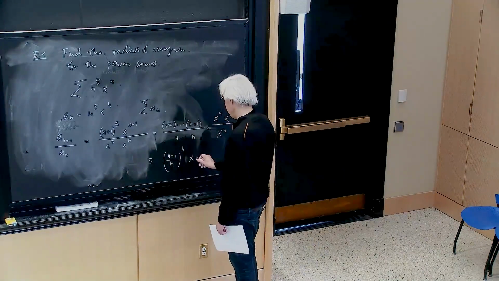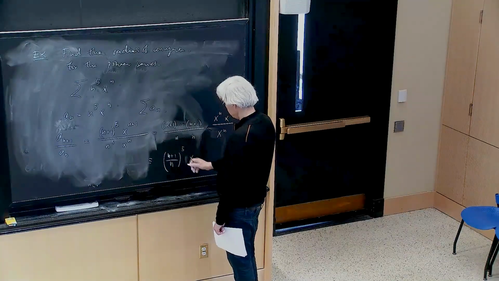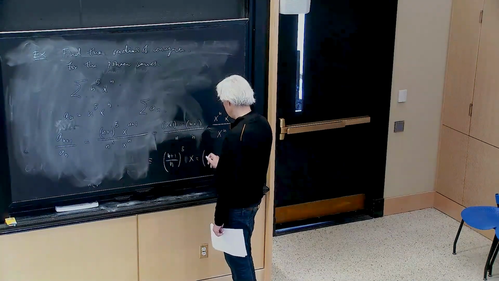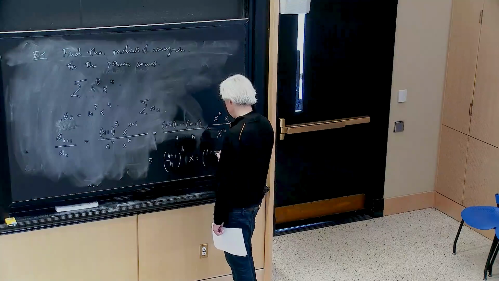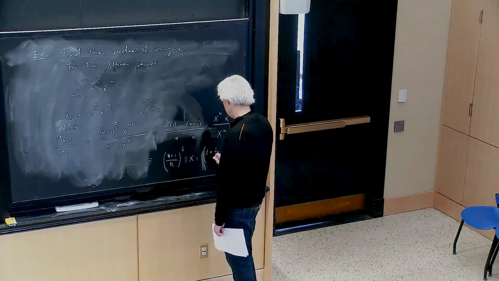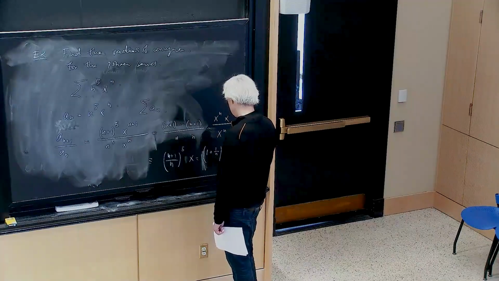I can write this in the usual way, as 1 plus 1 over n, dividing by n in both numerator and denominator, to the 5th power, times x.